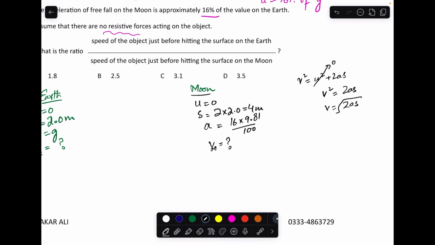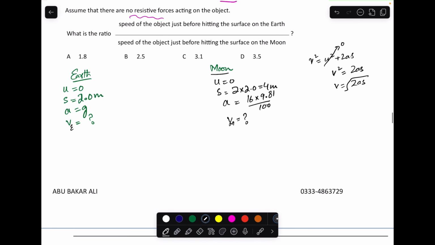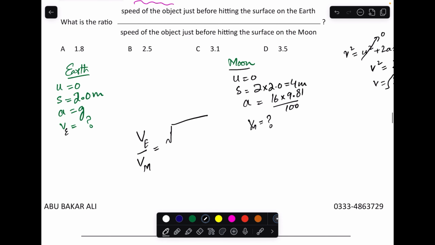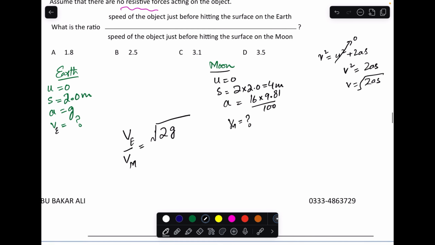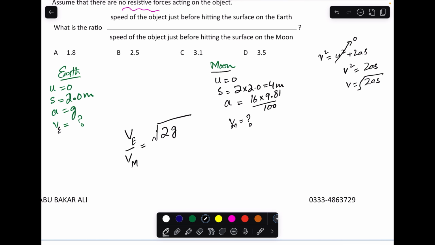Okay. So if we have to find v of earth divided by v of moon, it will be under the root. For the earth, we have the data here, 2 into a, which is basically g, and height is 2, right?